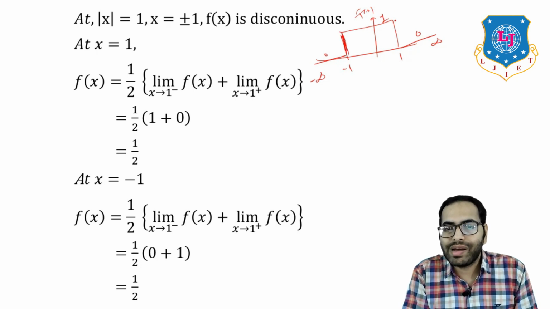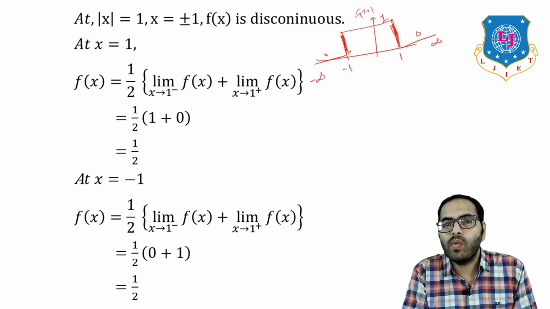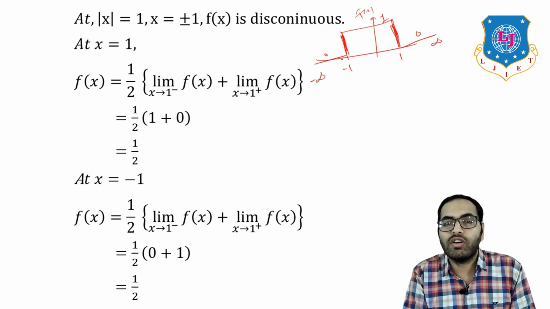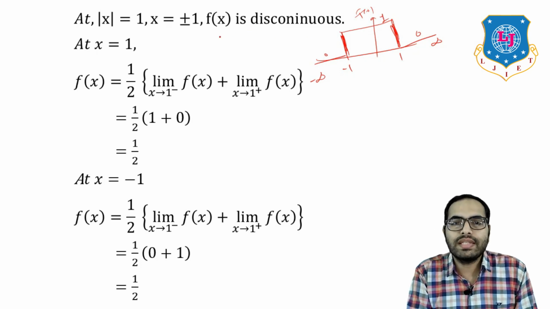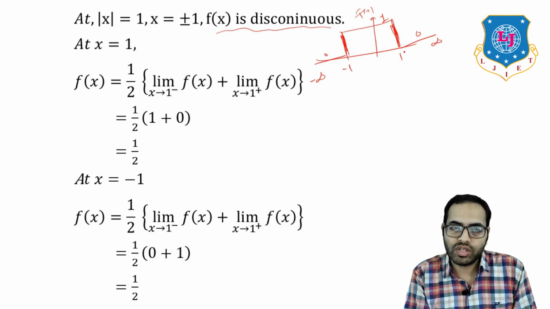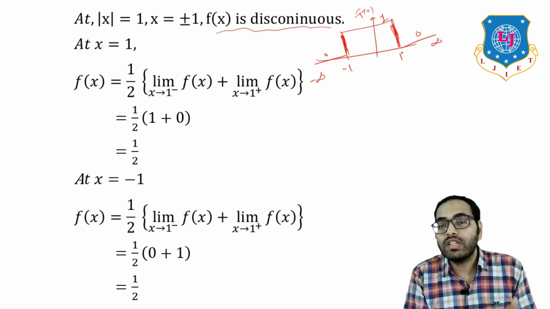But what about minus 1 and what about 1? Exactly what is the value of the function at position minus 1 and 1? The given function is discontinuous at 1 and minus 1.